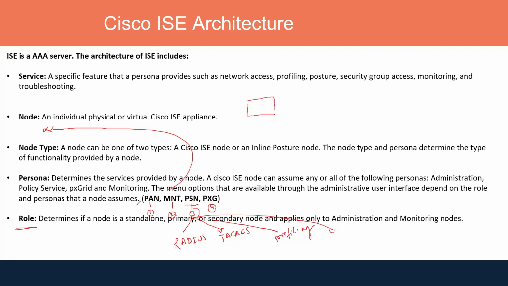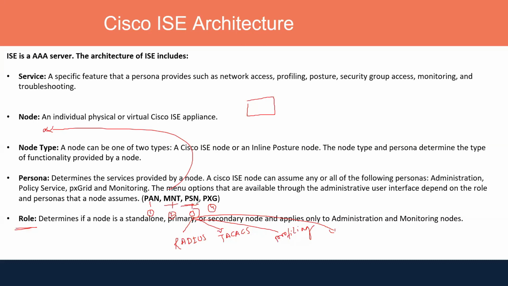So you can say that PAN is the Policy Administration Node using which you are managing the policy of the ISE. MNT is the Monitoring Node using which you are accessing the logs of ISE; ISE is generating all the logs using the monitoring node.